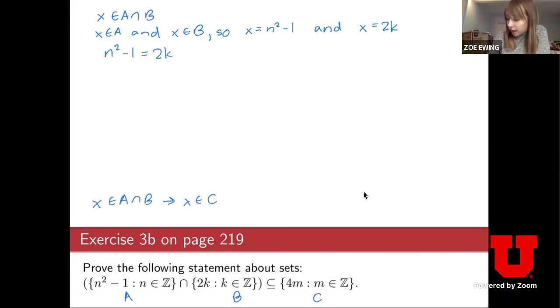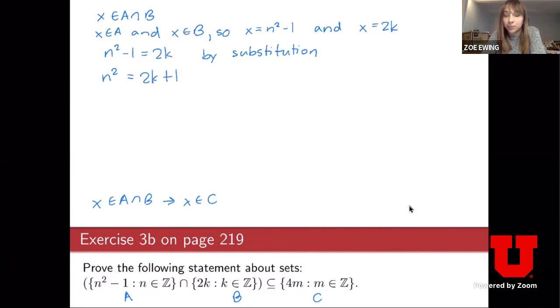All right, and if we rearrange, also by substitution, we can see that n squared equals 2k plus 1. This form should be pretty familiar. What does this tell us about n squared?